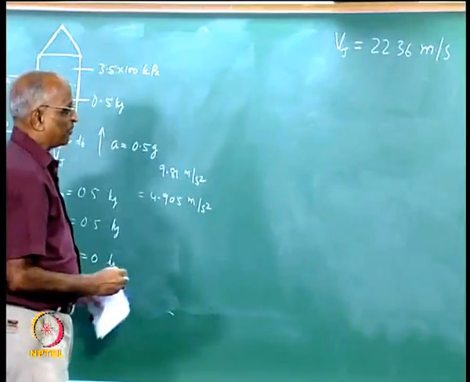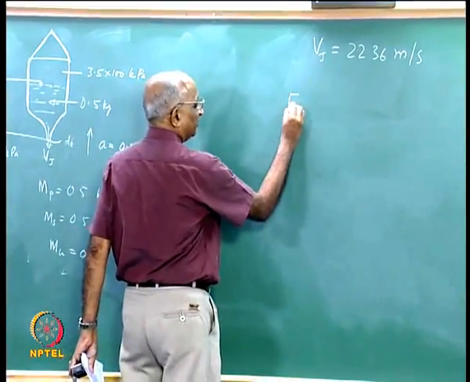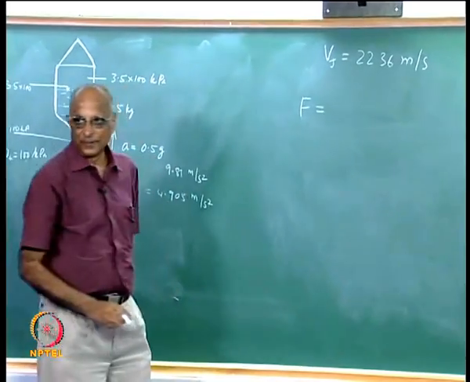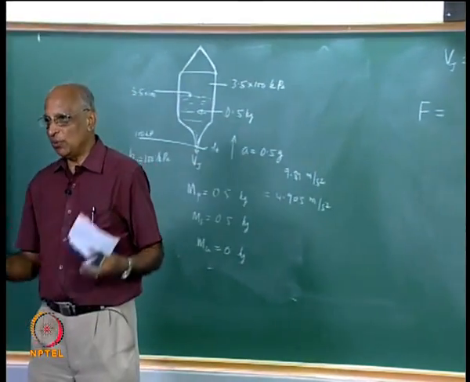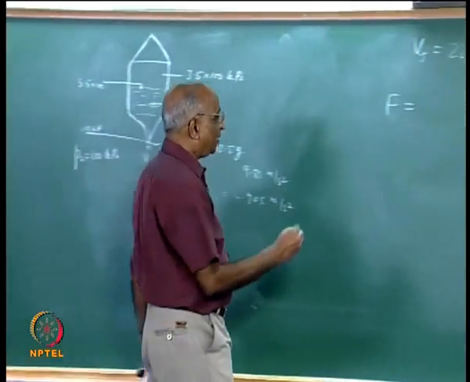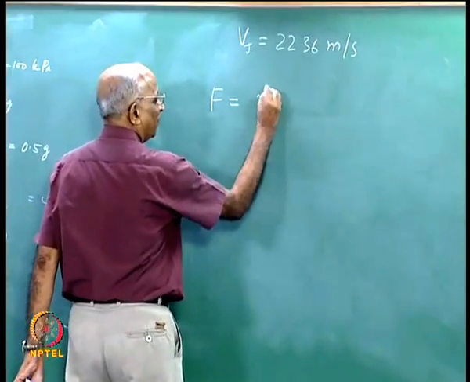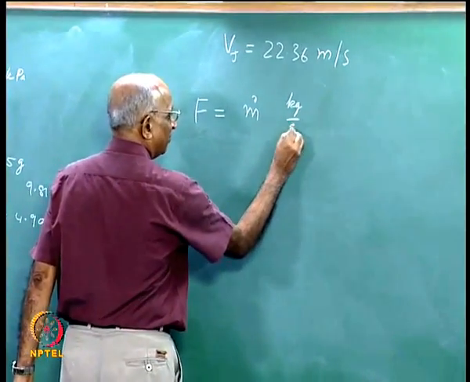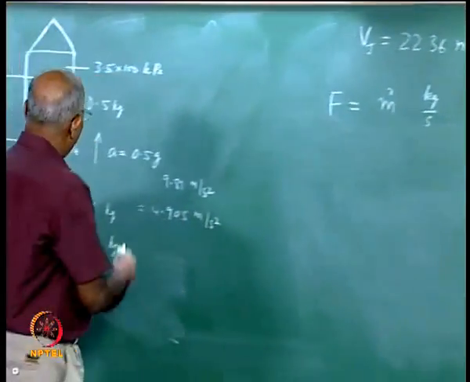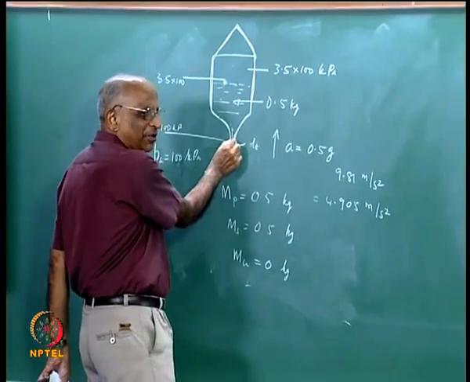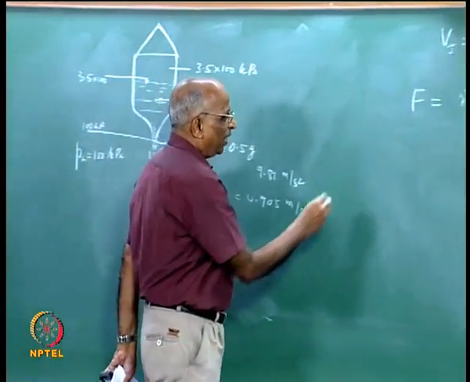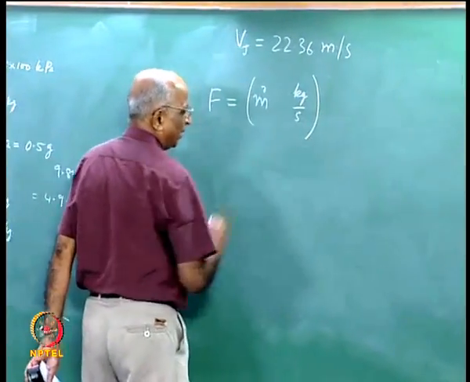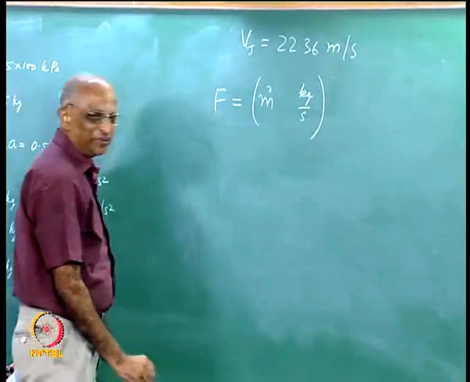What is the value of F? Let us assume water flows at the rate of m dot kg per second, because if I know the water flow rate, I can calculate this diameter.